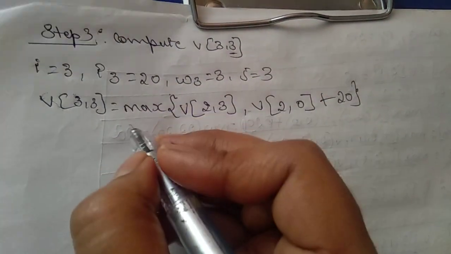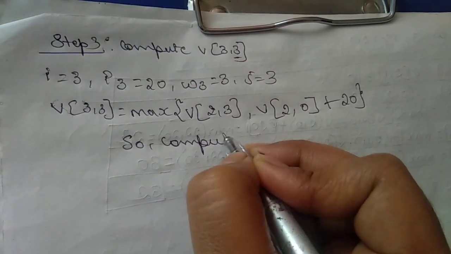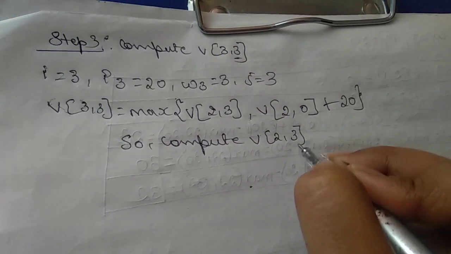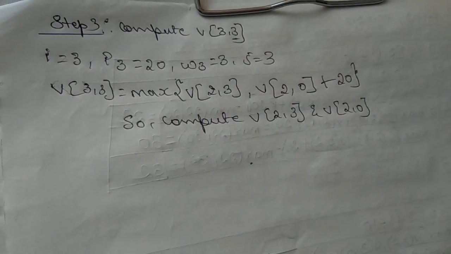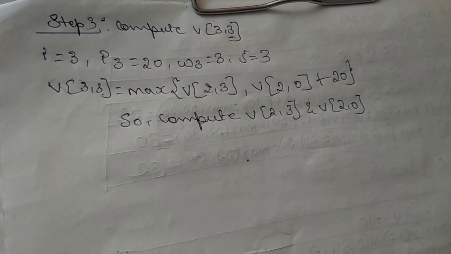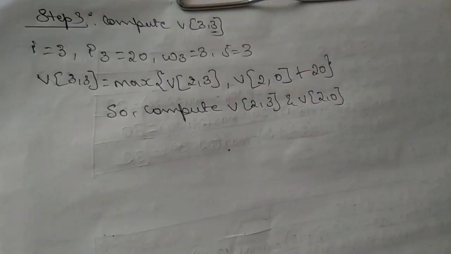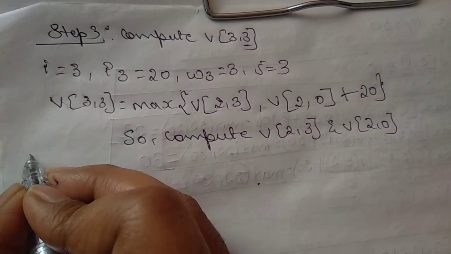Is it not? So compute V of 2 comma 3 and V of 2 comma 0. Yes, in this step we have got this one. In the previous step we got V of 2 comma 5 and 2 comma 2. First we'll compute that one and then we'll come for this.